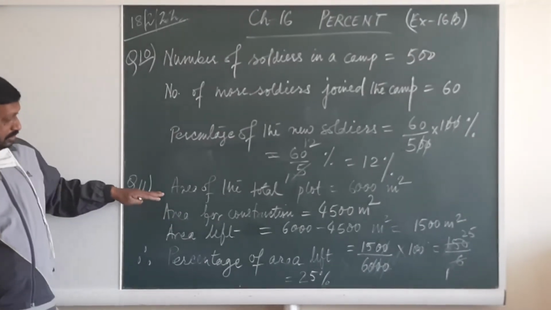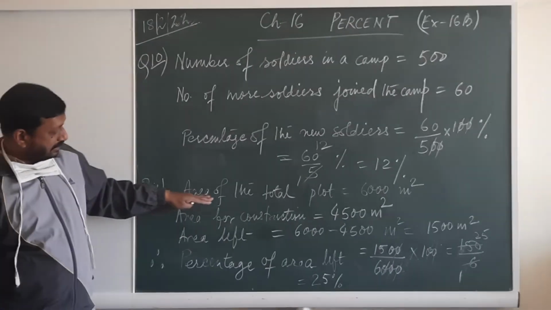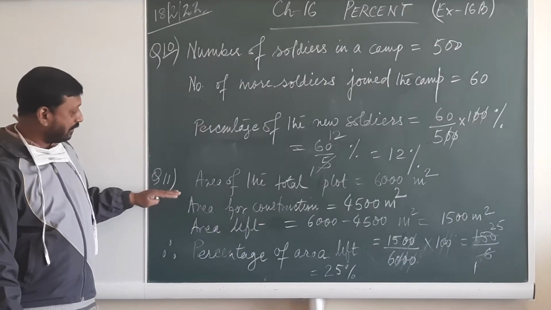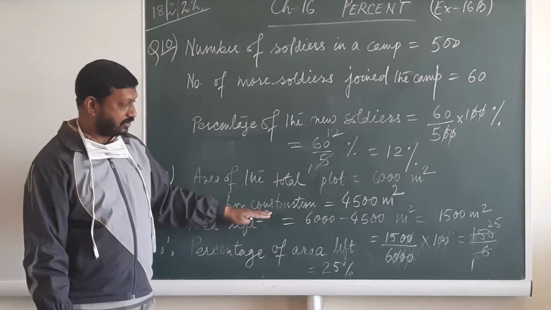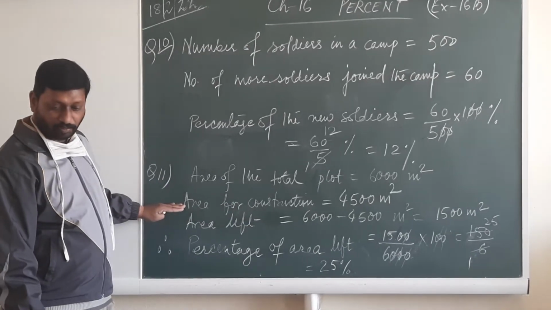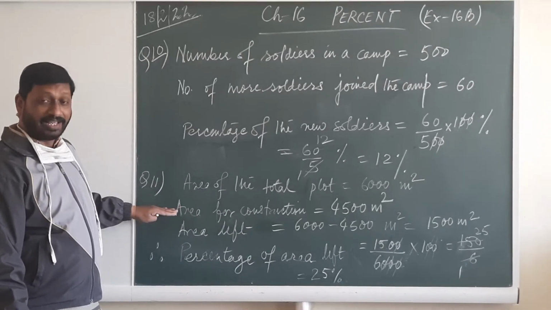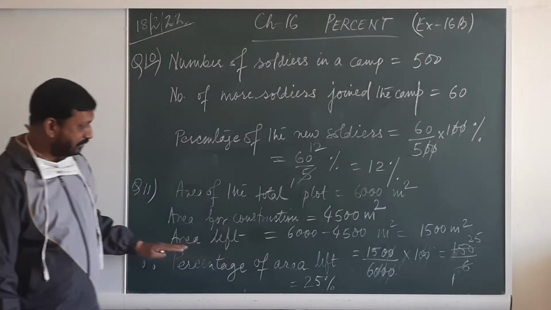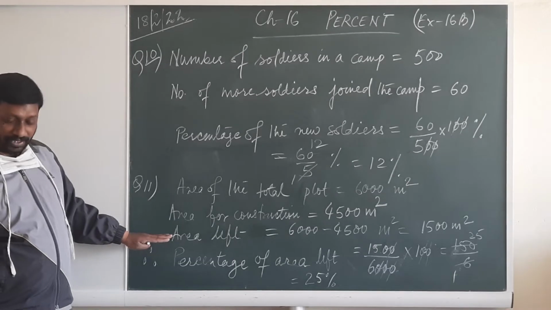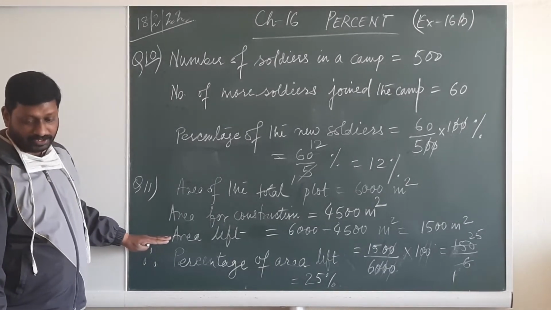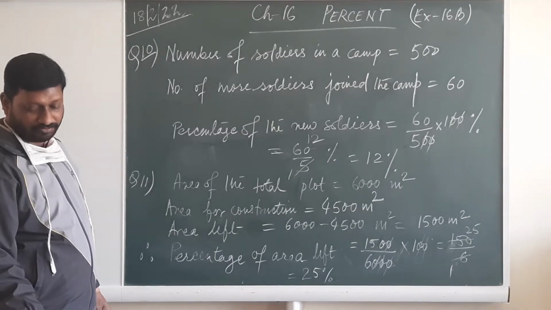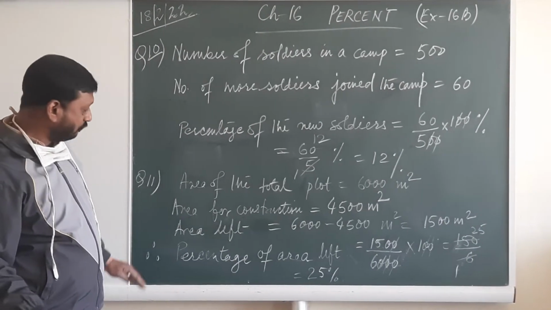So according to the question, area of the total plot, that is 6000 meter square, is given, and then area for construction, that means area of plot which is used for construction, is given 4500 meter square, and we have to find the percentage. What percentage of area is to be left without construction? That is what we have to find.